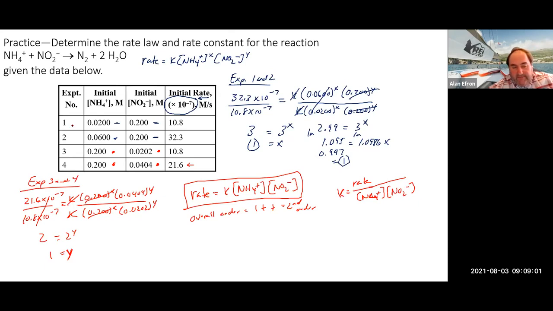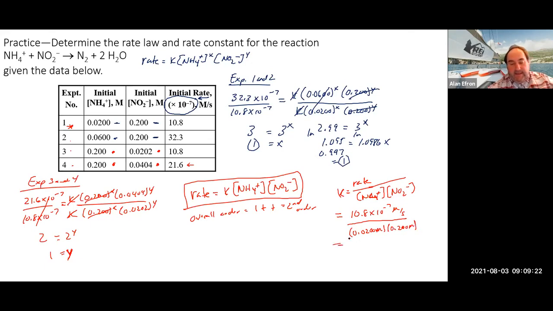Again, I'm just going to choose the first entry, but you can choose 2, 3, or 4 and put the numbers in, as all should come out the same. 10.8 times 10 to the minus 7 molar seconds divided by 0.02 molar and 0.2 molar.